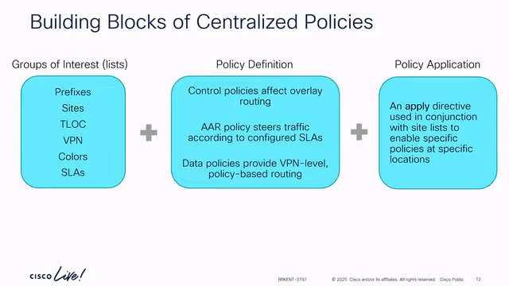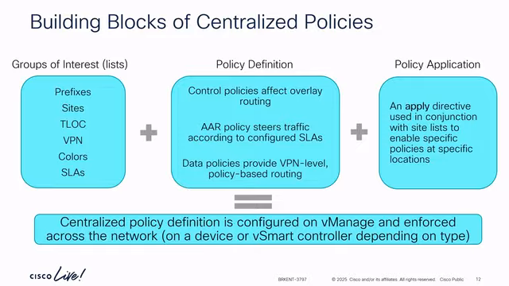And finally, you define the direction of policy application. If it is a centralized control policy, from the perspective of the vSmart controller, it is inbound or outbound to the vSmart controller. If it is a data policy, then from the perspective of the WAN edge device, it is from service side, or from tunnel, or both. And together they are enforced across the overlay.